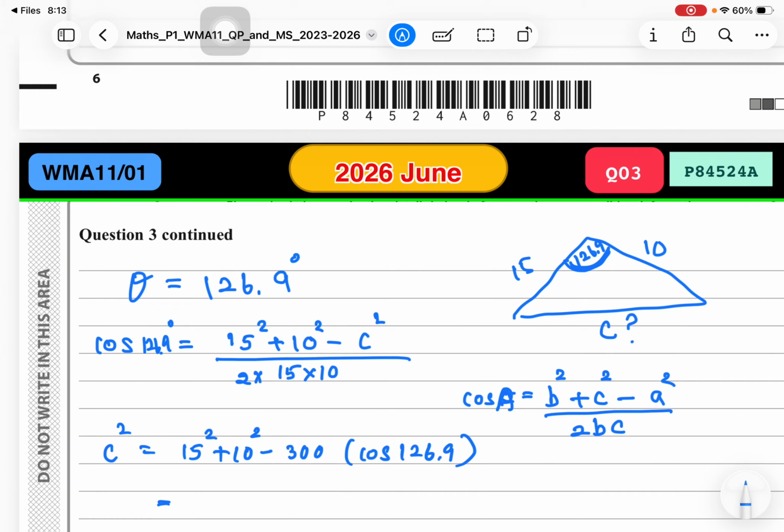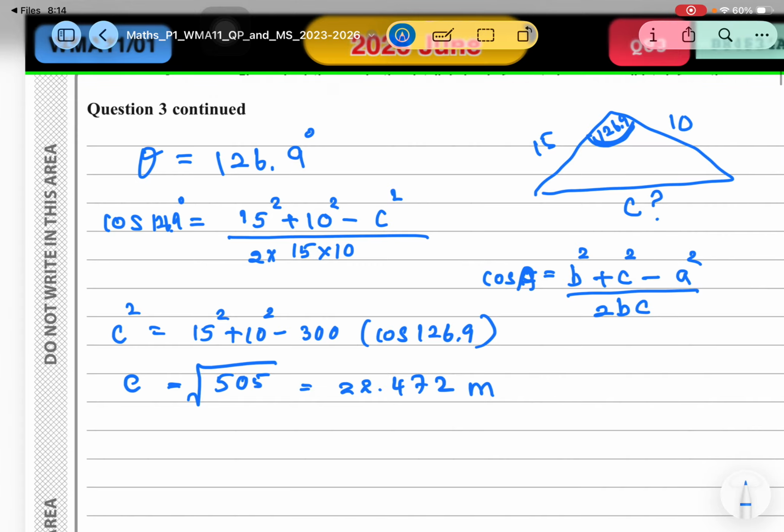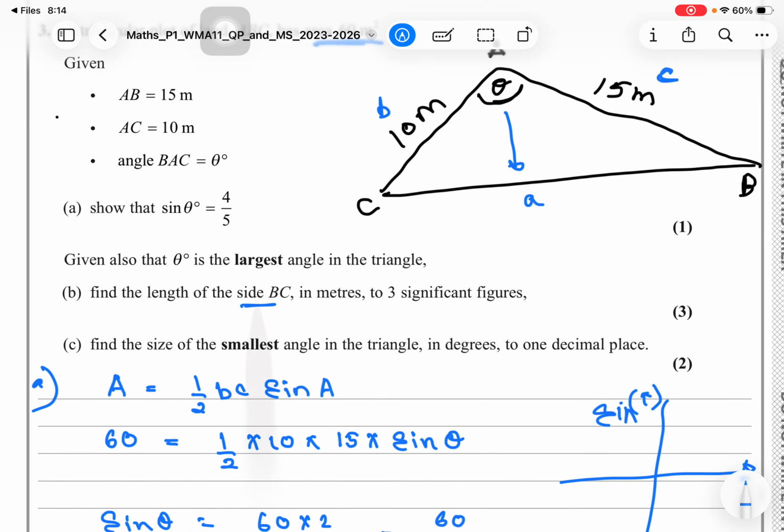Once we get it, you have the answer as 505 for a squared. So a will be the root of it, which is 22.472 meters. But you can give it to 3 significant figures, so a is going to be 22.5 meters. This gives you the final answer for BC. Significant figures is 3.